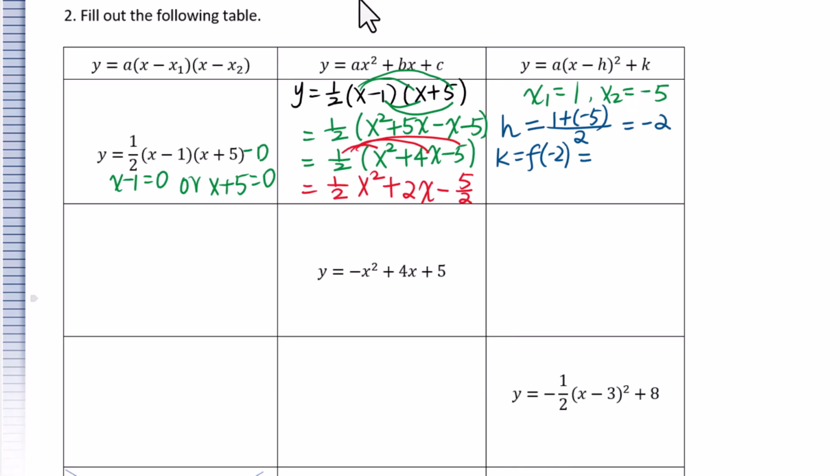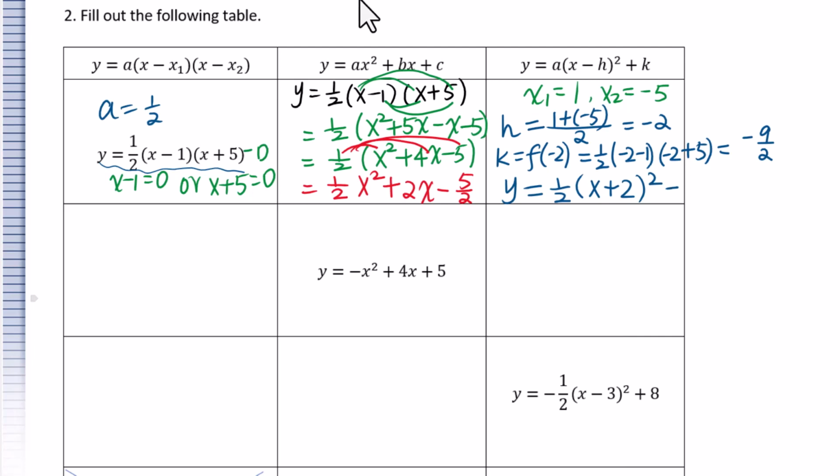We plug back into the original function: 1/2 times (negative 2 minus 1) times (negative 2 plus 5) equals negative 9 over 2. y equals, a is 1/2, 1/2 times (x minus negative 2, so it's plus 2) squared minus 9 over 2.